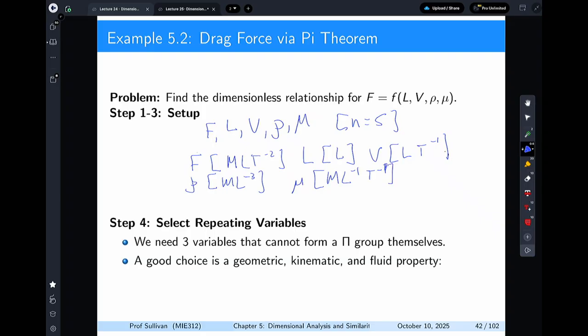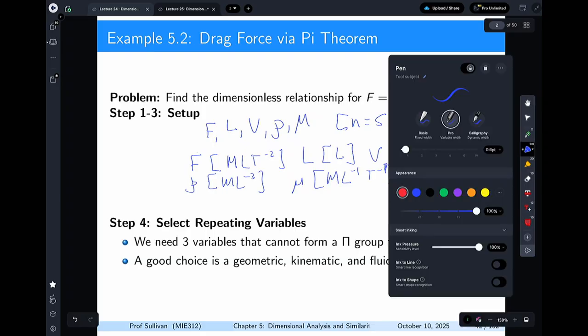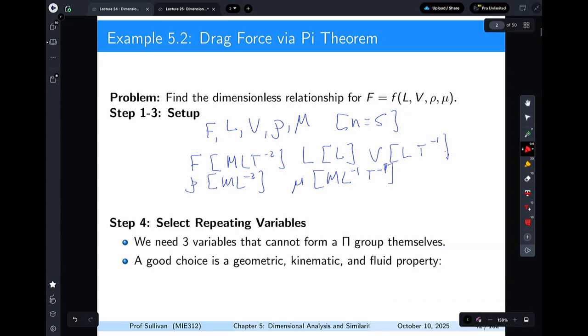So if you look at that, okay: force, length, velocity, density, and viscosity. And again, I probably should have brought the aid sheet with me.